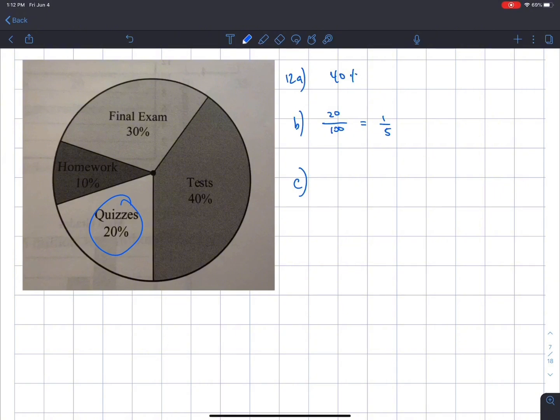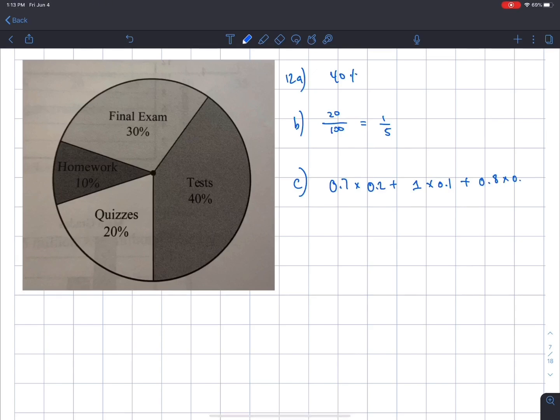If a student averaged 70% on quizzes, 100% on homework, 80% on tests, and scored 75% on the final exam, what percent did she get in the course? So you have 0.7, 70% on quizzes. Quizzes account for 20%, so times 0.2, plus 100% on homework. So that's 1 times 0.1, since homework is accounted for 10%. And then 80% on tests, so 0.8 for 80%.